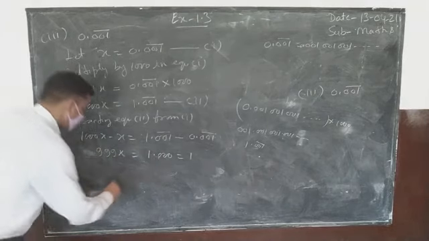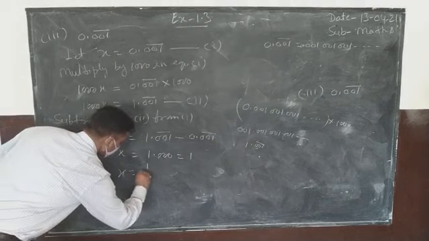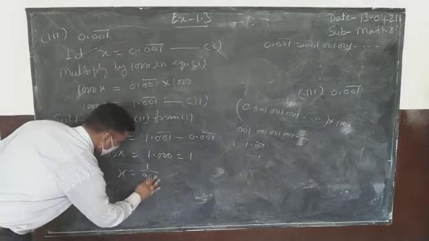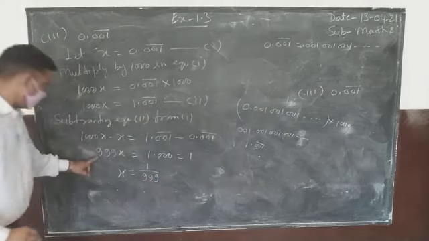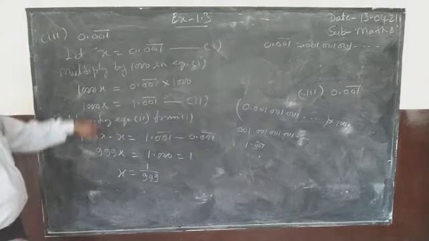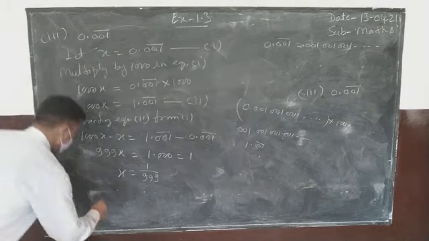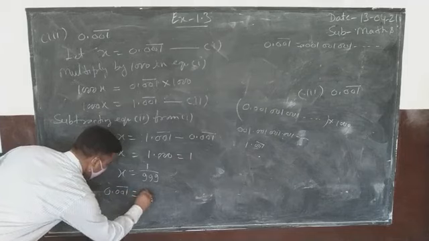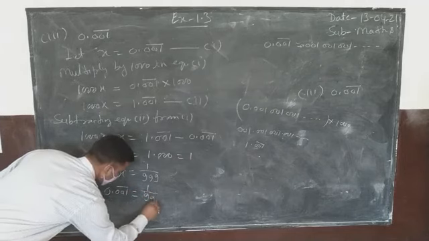Similarly, what will be the value of x here? So x is 1 upon 999. And similarly, we will replace the x here. 0.001 bar equals 1 upon 999.